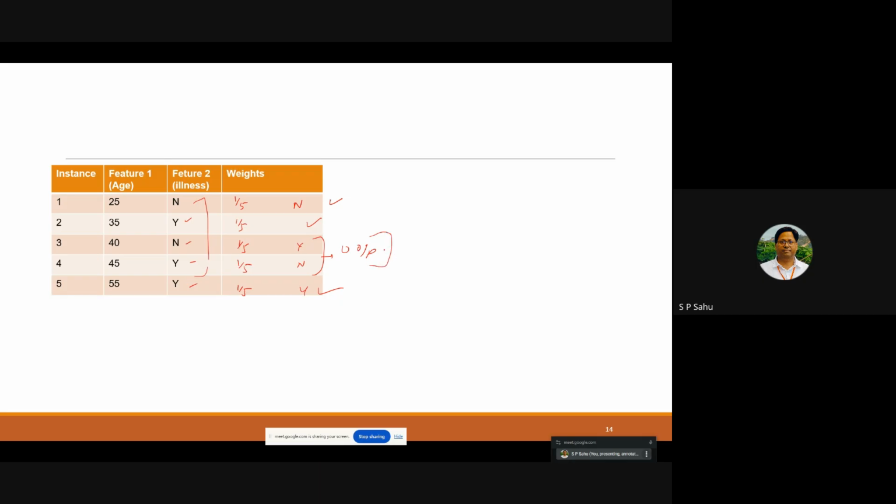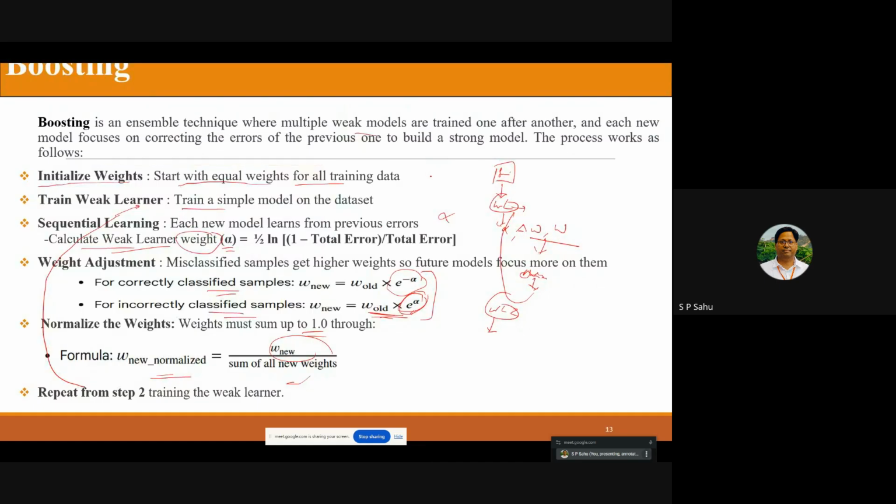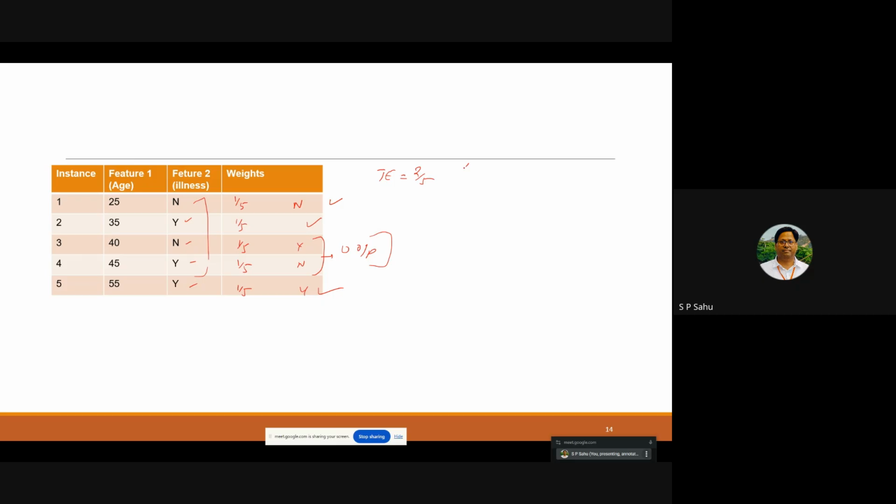So how will we calculate the total error? The total error will be 1 by 5 plus 1 by 5, so the total error equals 2 by 5. Now as per our previous discussion, alpha equals half ln of (1 minus total error) divided by total error. So alpha equals half natural logarithm of (1 minus 2 by 5) divided by 2 by 5.